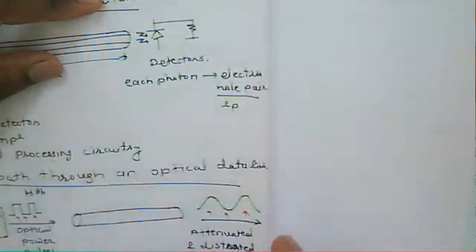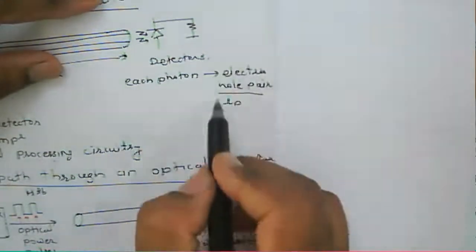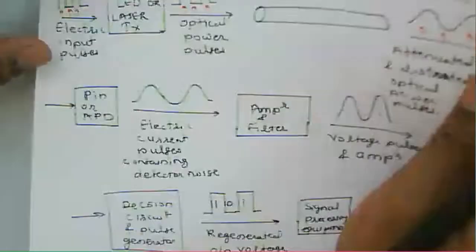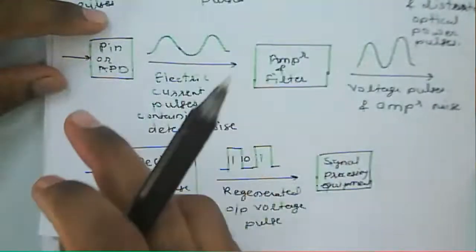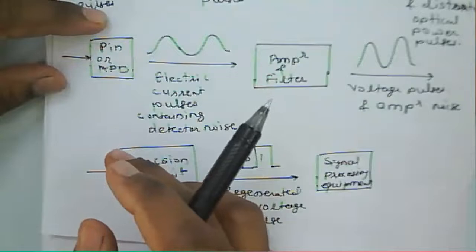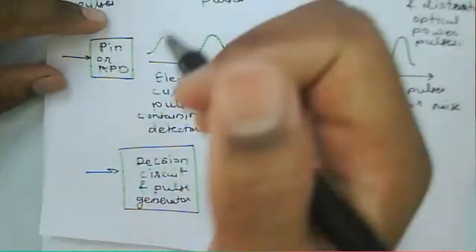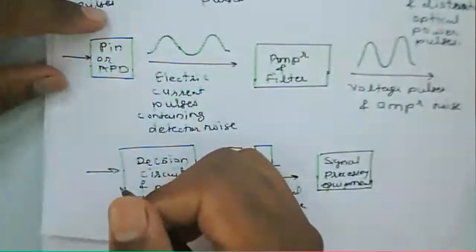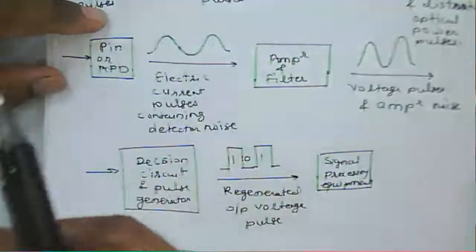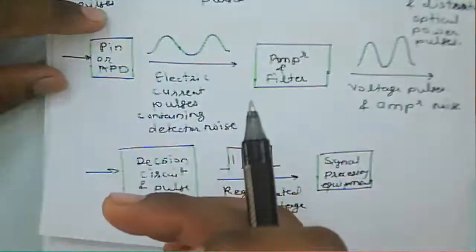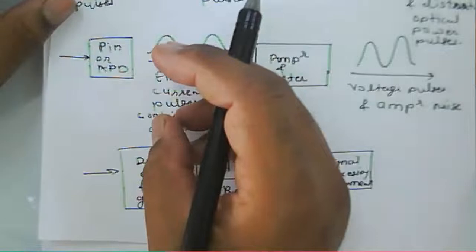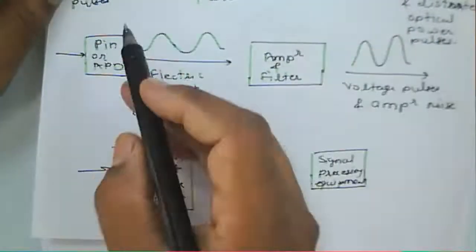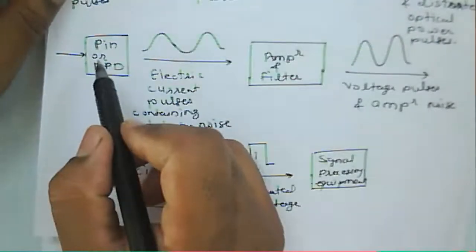In the case of an avalanche photodiode, multiple electron and hole pairs are generated, and then the electrons move, the motion of electrons and holes from the conduction band to the valence band. So according to that, there will be a generation of a current.